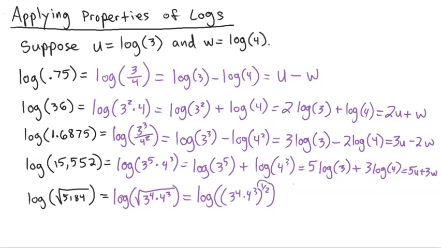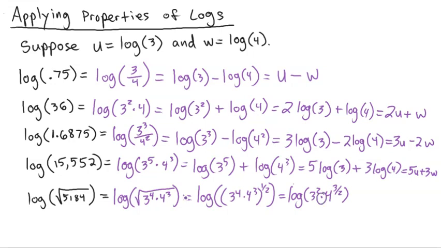And so now we're going to distribute the 1/2 power to the 3 and to the 4, okay? And so 3 to the 4th power to the 1/2 power becomes 3 squared. So this will become log of 3 squared times, and then 1/2 times 3 is 3 over 2, and we have to leave it just as 3 over 2. So this will be 4 to the power of 3 over 2, okay?